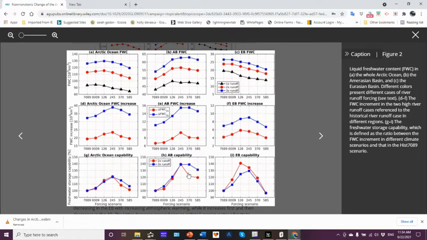That's what that means. Same thing over here if we look at the Amerasian Basin. Now, for model 245, it's 140, so it's 40% more. And then for the Eurasian Basin, about 30% more. This is similar to the AGGI, the annual greenhouse gas index, where you calculate the ratio compared to the 1990 ratio.